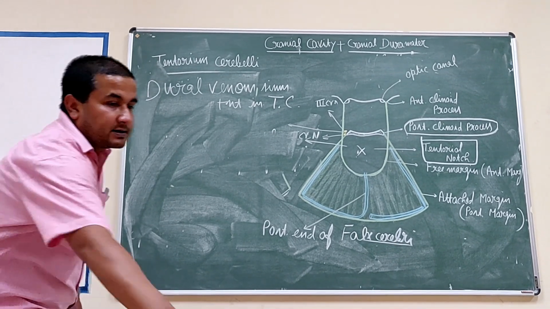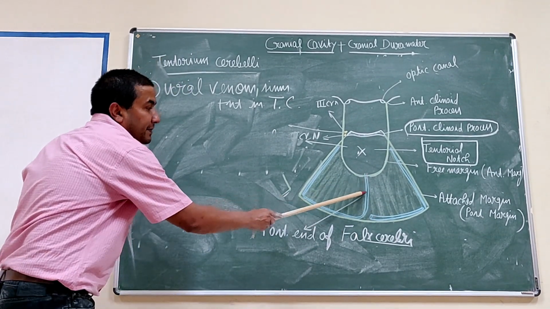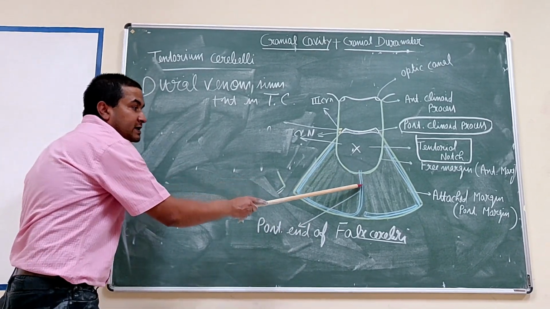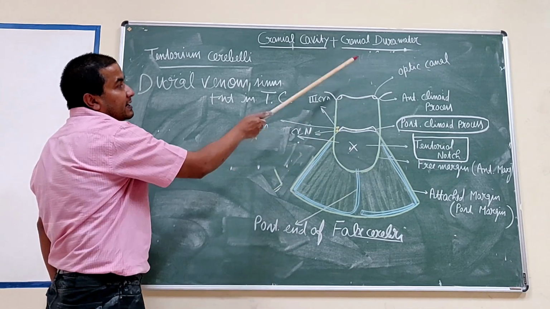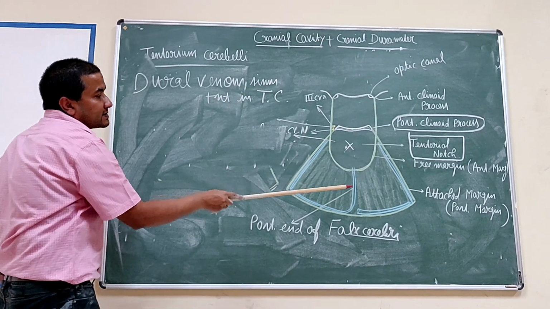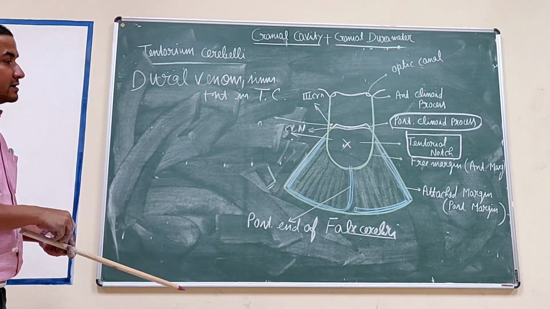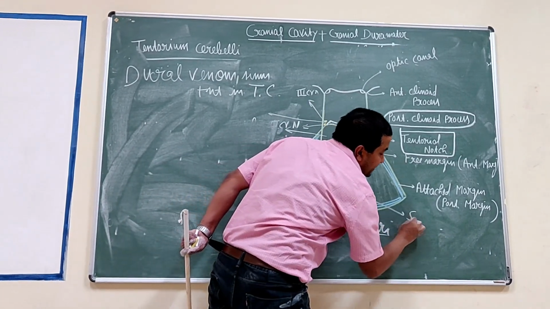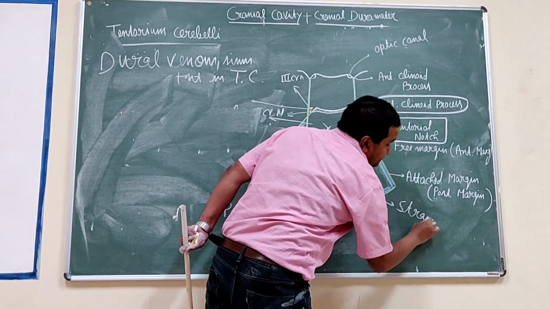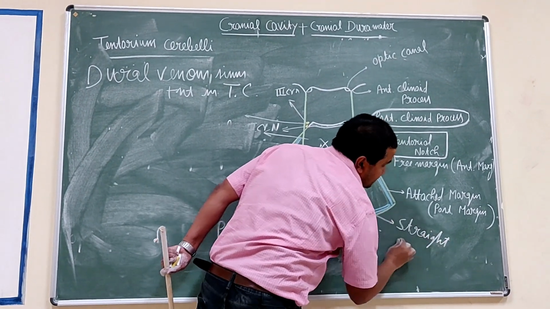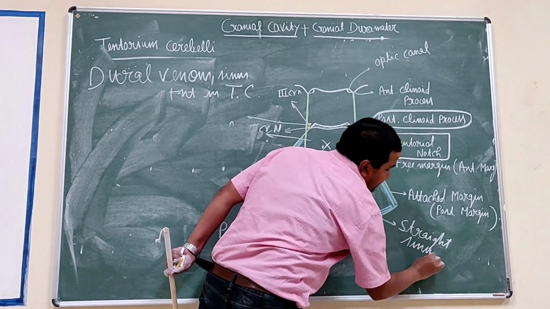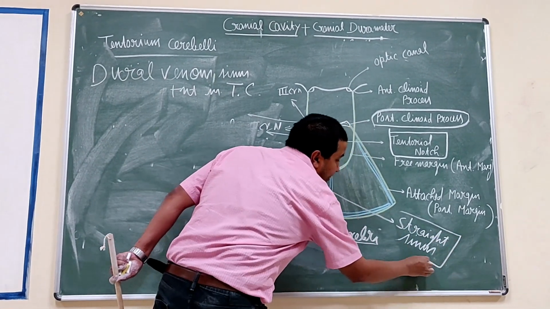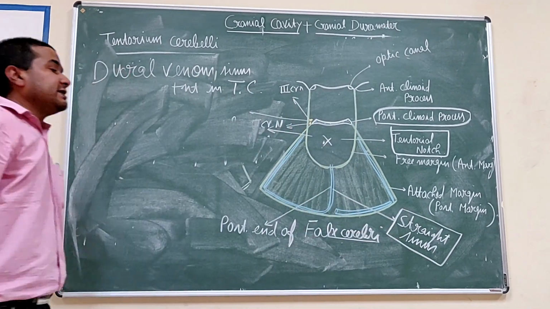First, at the median plane, where the superior surface provides attachment to the falx cerebri, here is the sinus present. This sinus is the straight sinus. The straight sinus is present at the junction of the tentorium cerebelli and the falx cerebri.